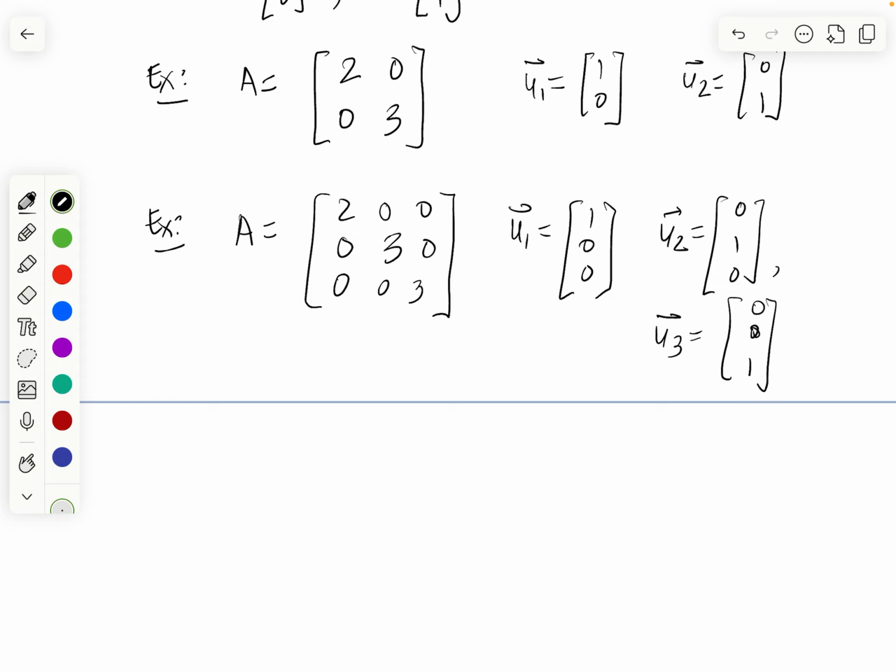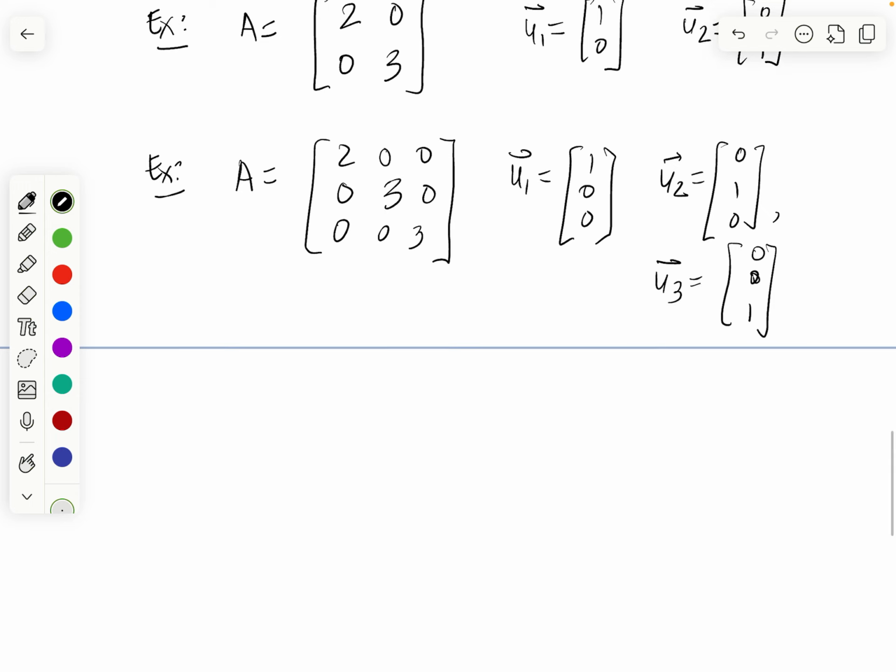Right. Now here you actually have lots of options for U2 and U3, because this matrix is going to stretch the x-axis by a factor of 2, and it's going to stretch the yz plane by a factor of 3. So your U2 and U3 can be any two perpendicular unit vectors on the yz plane.